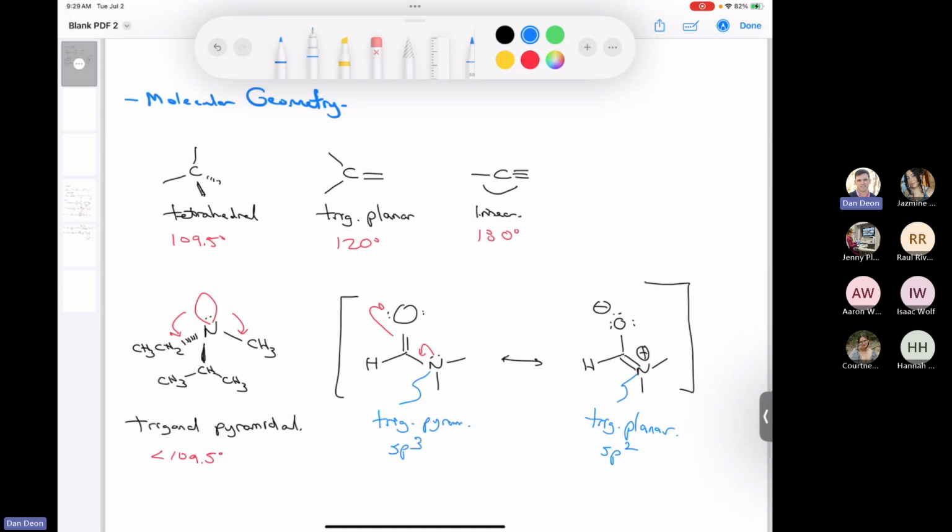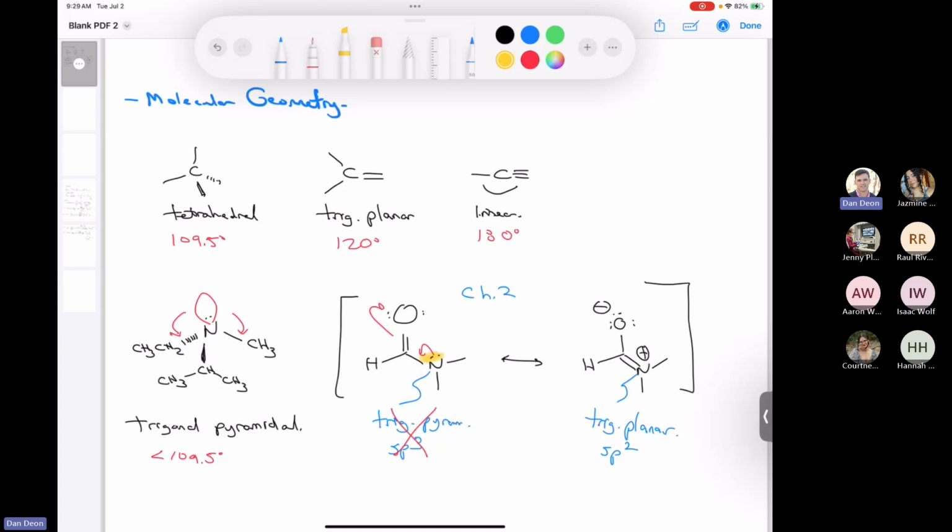Well, something that we covered in chapter 2 was this concept. We said that, as a matter of fact, the nitrogen in an amide is actually trigonal planar and the hybridization is sp2. The reason we know that is that the only way this lone pair can participate in resonance is if it is in a p orbital. So how do we have a p orbital on there? The only possible way is for that nitrogen to be sp2 hybridized.